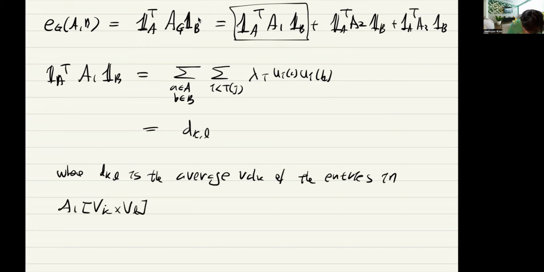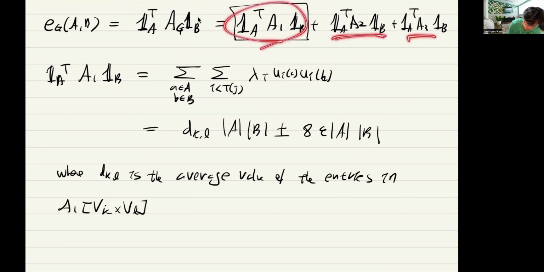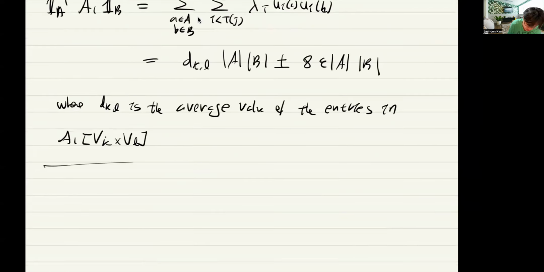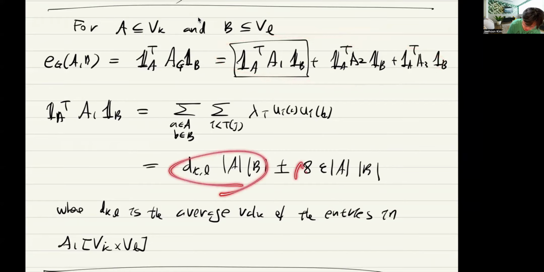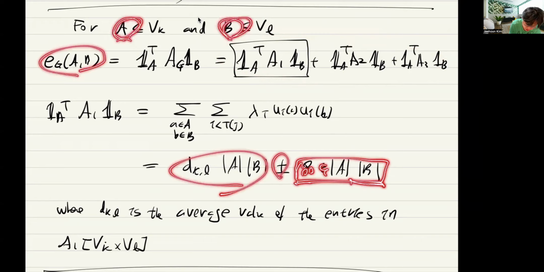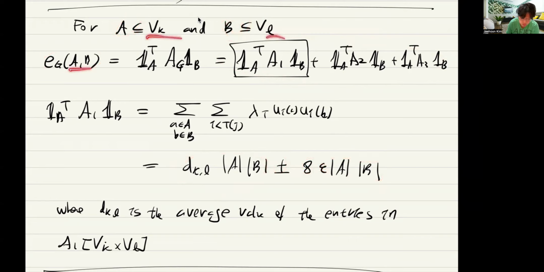You take the average, then this is the same as the average times |A| times |B| plus or minus 8 epsilon |A||B|. So now we know this value, and now we want to analyze these two values. And if this entire value is pretty much this plus or minus 100 epsilon |A||B|, then that shows, for arbitrary A and B, the epsilon regularity between P_k and P_l. That's what we want to do.